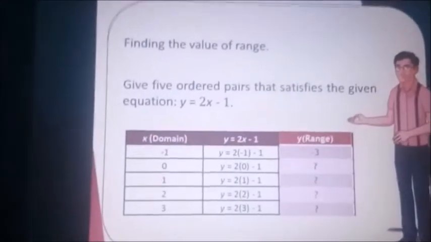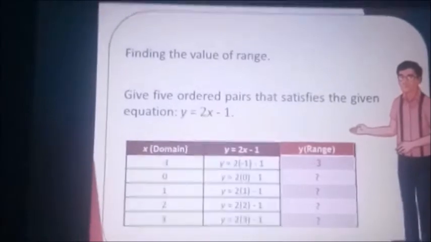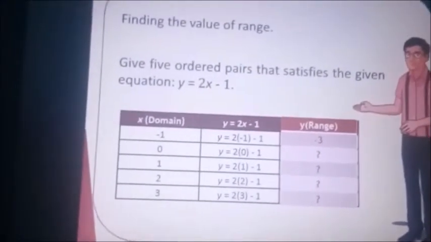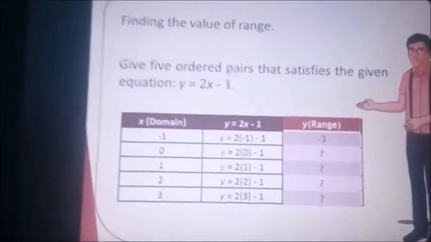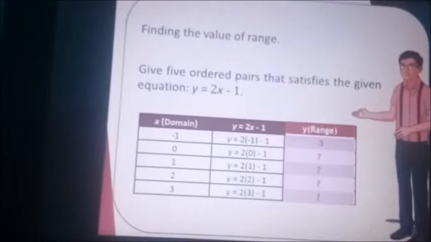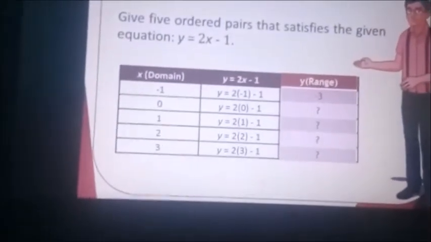Again, what we're going to find here is the range. So it means we have the given value of the domain. To find the range, you're going to substitute the value of x in the given equation to find the value of the range.